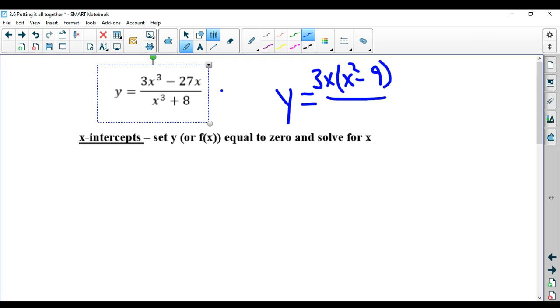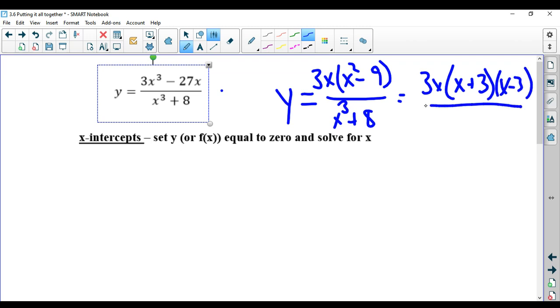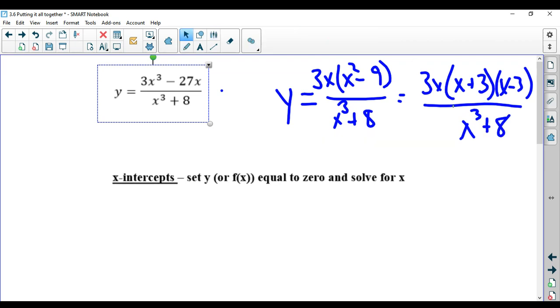It will make your math usually a little bit easier. I'm going to continue factoring the difference of squares, and that should help me get these answers a little bit more quickly.